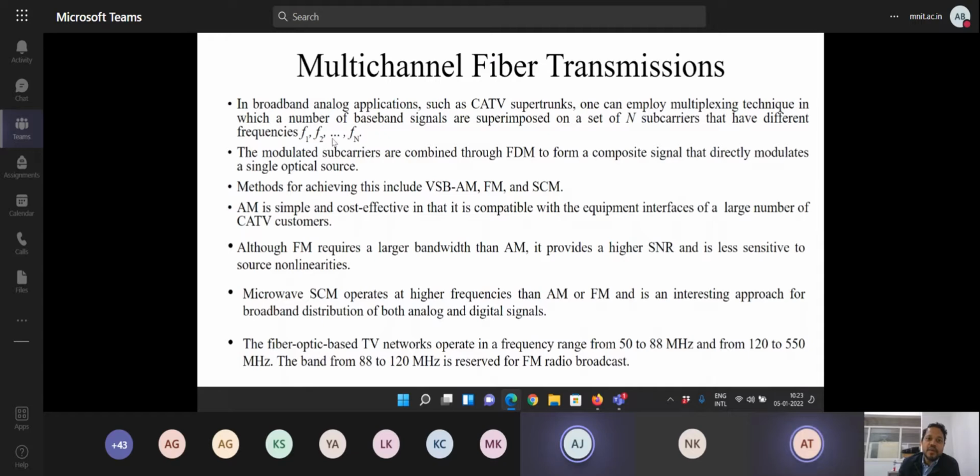So these are multiple channels which can be transmitted over a single fiber. Not just a single fiber, but a single wavelength. If you multiplex multiple wavelengths, then similar subcarriers can be transmitted over multiple wavelengths, and the information carrying capacity can be much more.